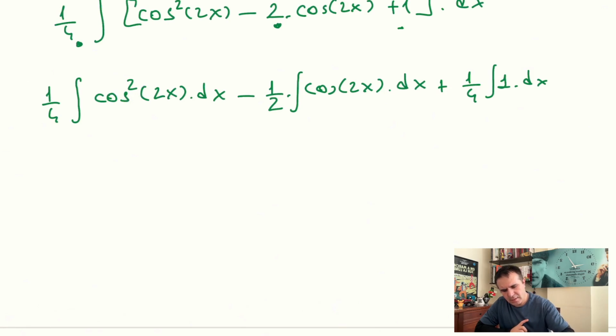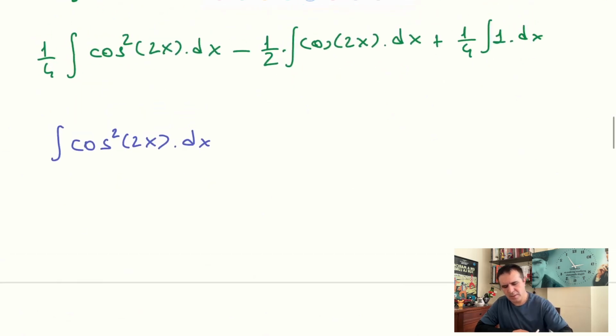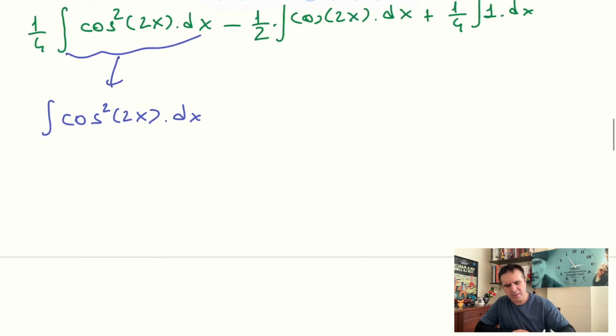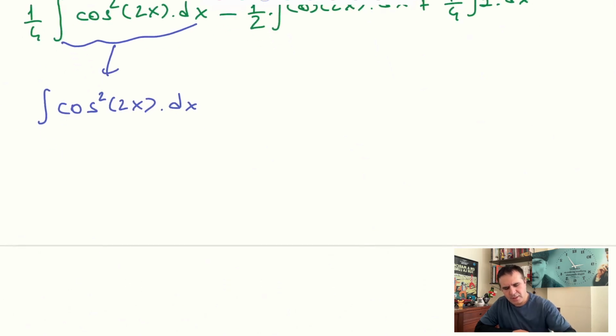Let's write the integral here as the integral of cosine square of 2x dx. I will solve this integral here. Again, remember cosine 2x was equal to cosine square of x minus sine square of x.